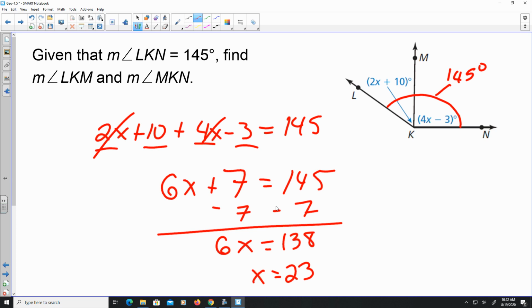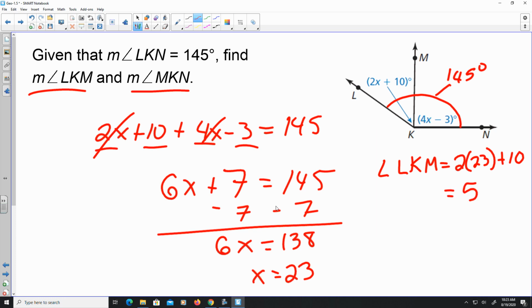Now, again, we have to figure out what they're asking. They're asking for the measurements of angle LKM and angle MKN. So 23 is not the answer they're looking for. It just helps us find the answer. Angle LKM is going to equal 2 times 23 plus 10. So 2 times 23 is 46, plus 10 is 56.